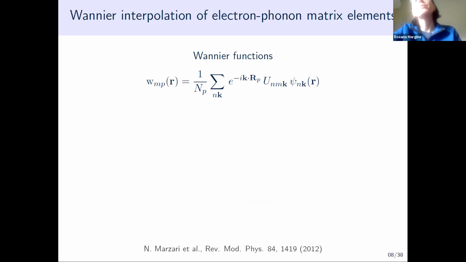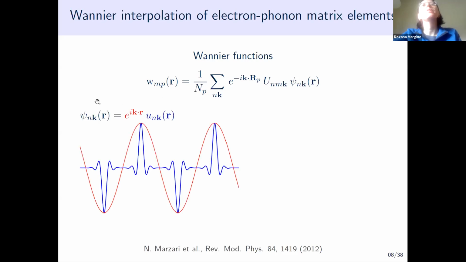I'm not going to go into details about Wannier functions, since you have already seen this during the previous day, but I just want to remind you that you can perform a unitary transformation of the Bloch function to obtain a new function with the property that it is localized.